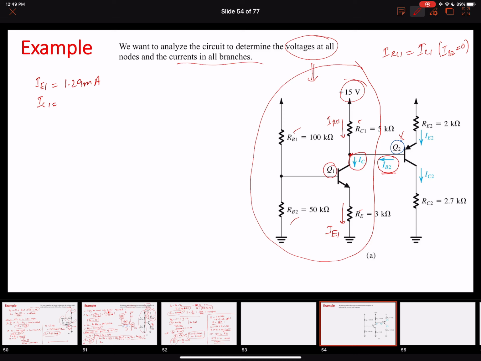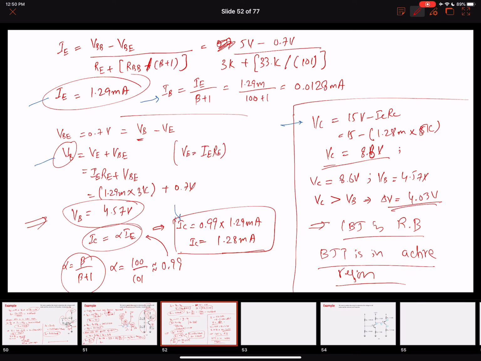Again, assuming IB2 to be very, very small, to be neglected, I can write this over here: IB2 neglected. If we neglect the IB2, then our currents will be the same as we solved in the last circuit. Our IE1 will be 1.29 milliamperes. IC1 will be 1.28 milliamperes. The voltage at the base terminal will be, what was the voltage at the base terminal?